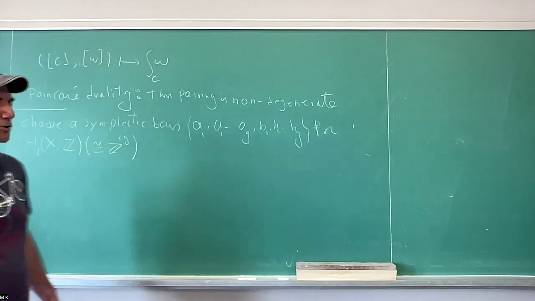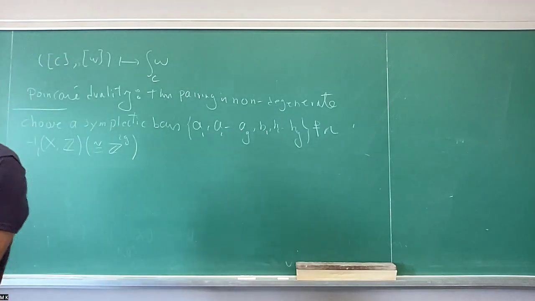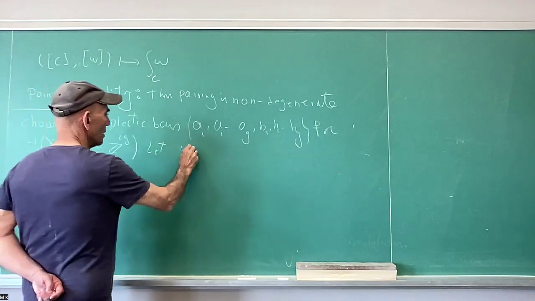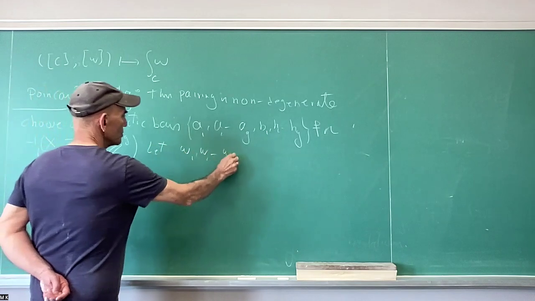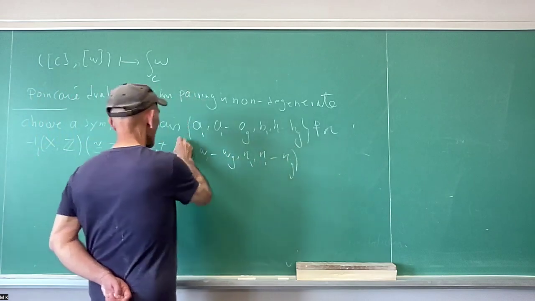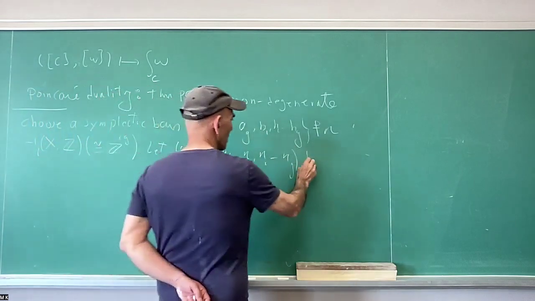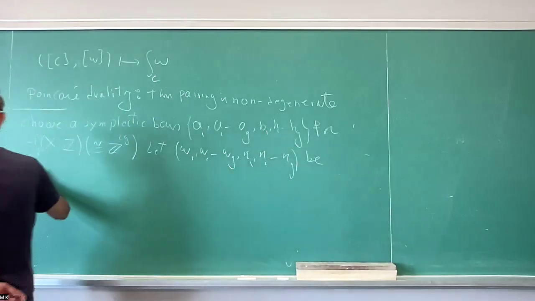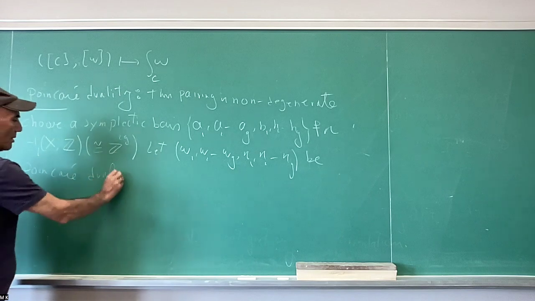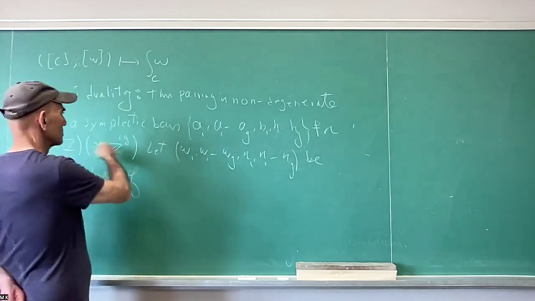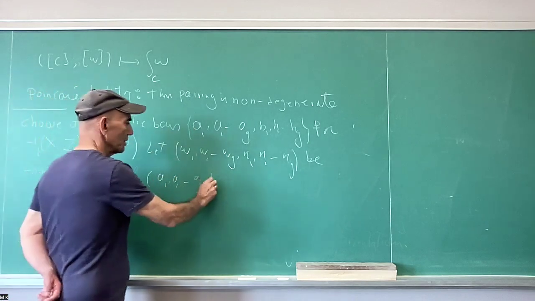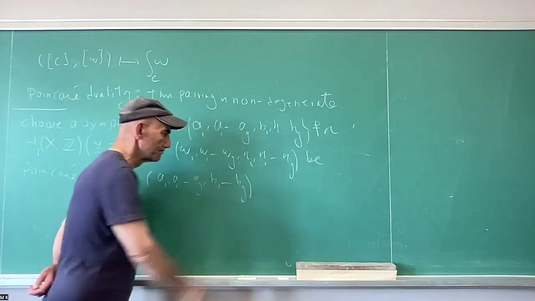Now what we do, we just choose Poincare duals of these things. Let omega 1, omega 2, ..., omega G, and eta 1, eta 2, ..., eta G be the Poincare duals of the symplectic basis A1, A2, ..., AG, B1, ..., BG.